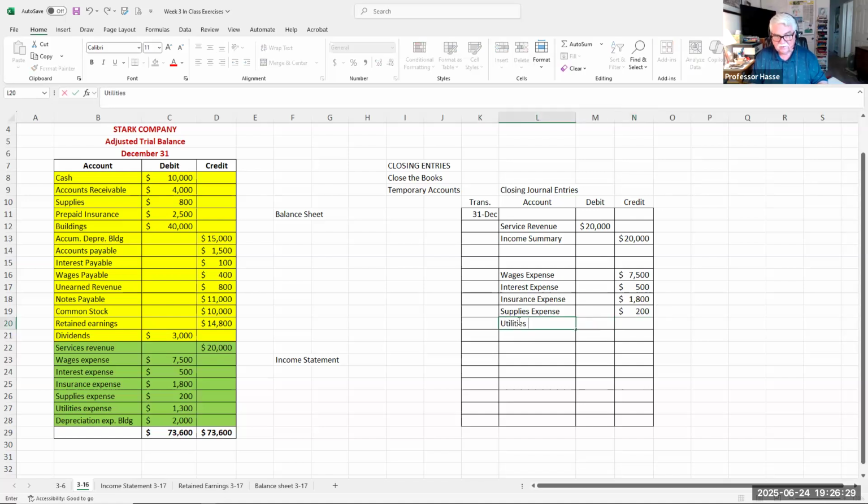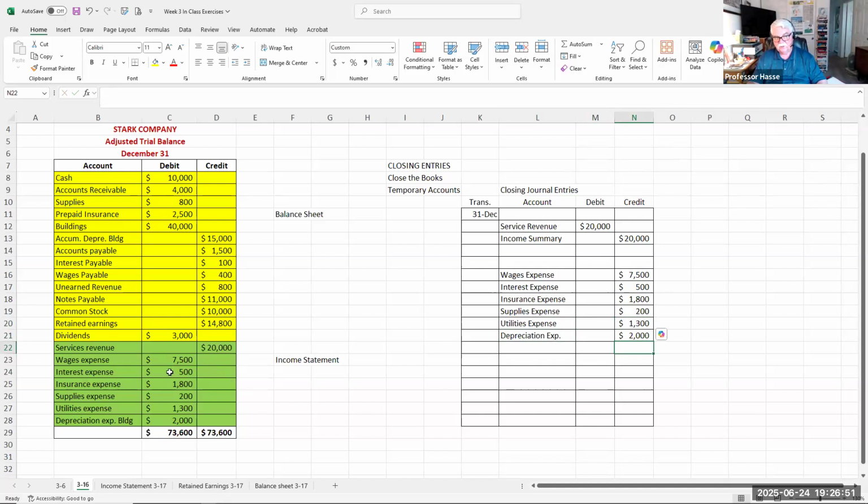Utilities expense has a debit balance of $1,300. I close it by crediting it. And depreciation expense on the building has a debit balance of $2,000. I now credit it $2,000.